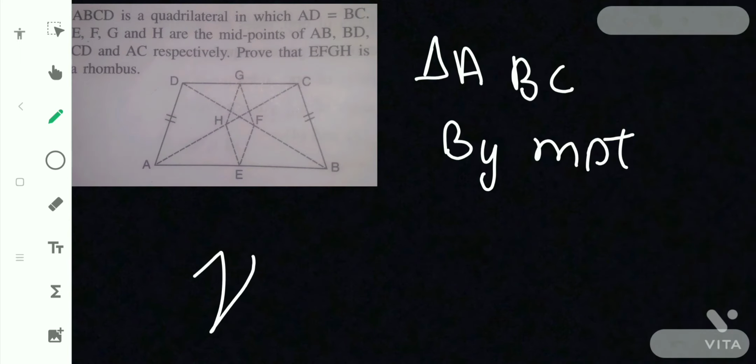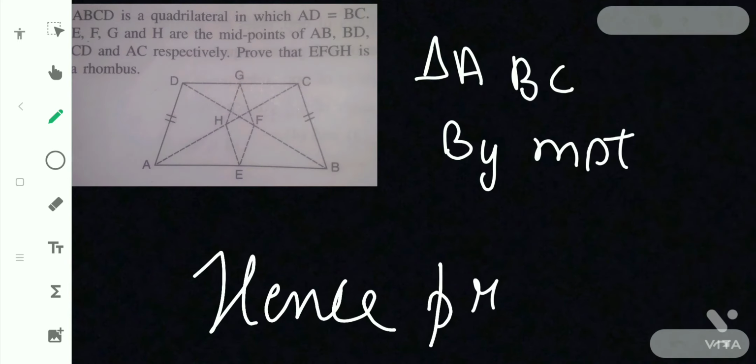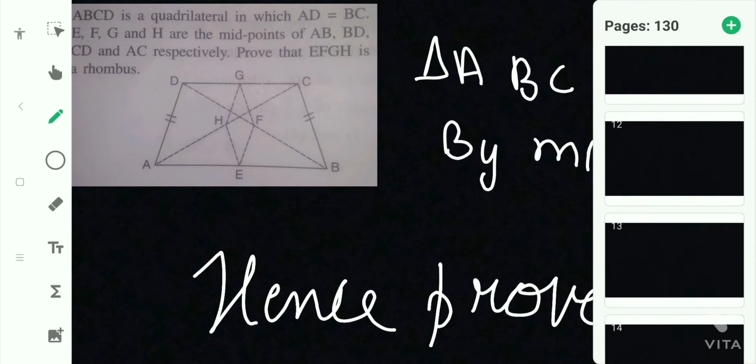So we have proved. Hence proved. Okay, now let us go on to the next question.